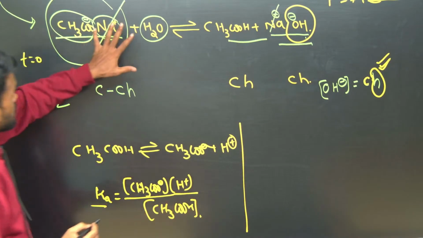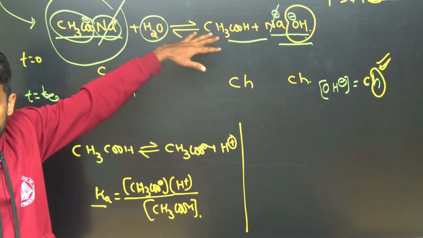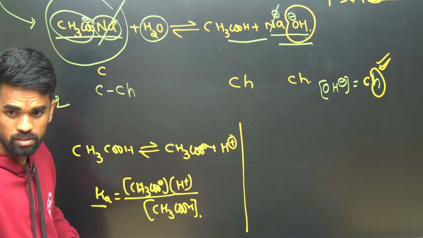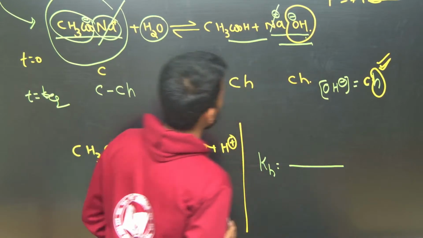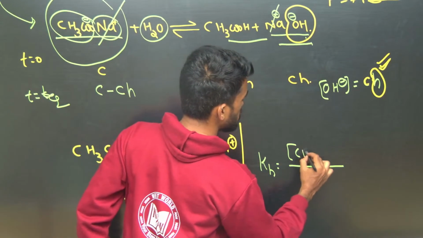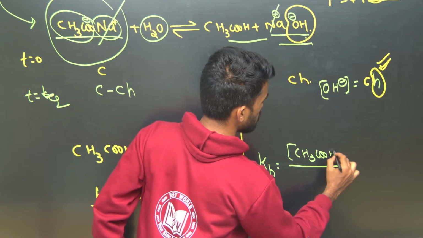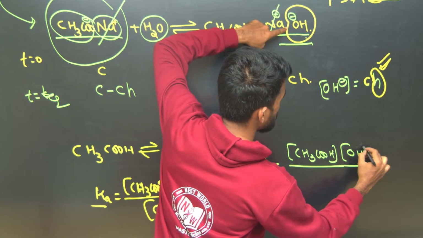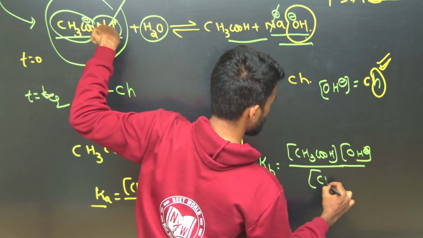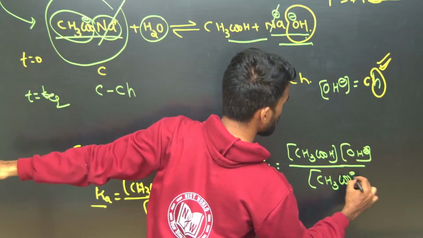Similarly, this compound is undergoing salt hydrolysis. So what should I write here? Hydrolysis constant Kh. That will be taken as acetic acid concentration times OH minus ion concentration by CH3COO minus ion concentration.